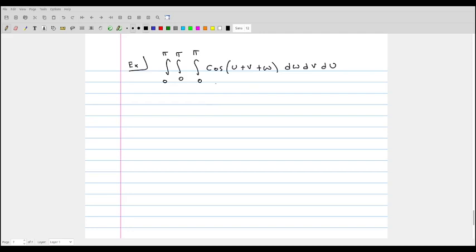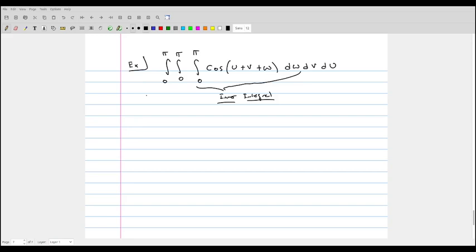Let's say we want to take this integral right here. Well, our inner integral here is this first integral with respect to w. So we need to do this integral first with respect to w.